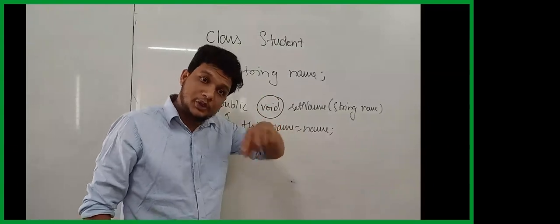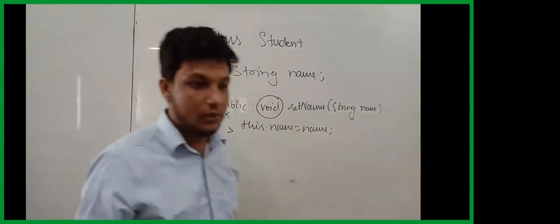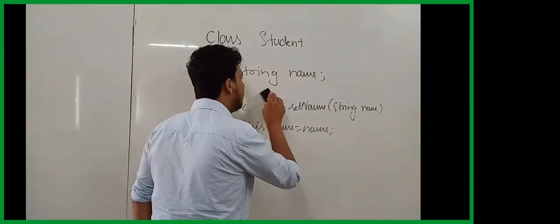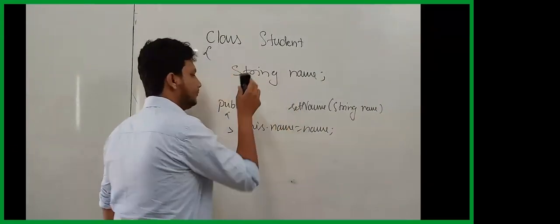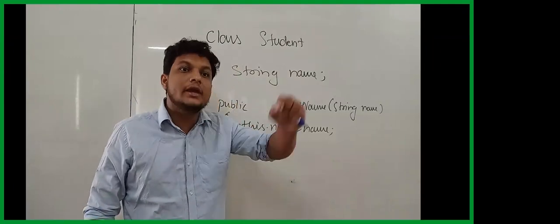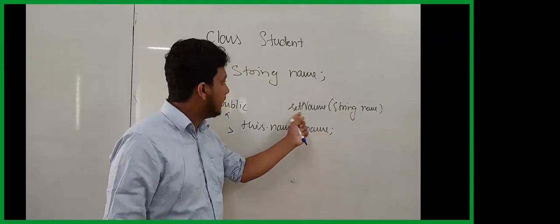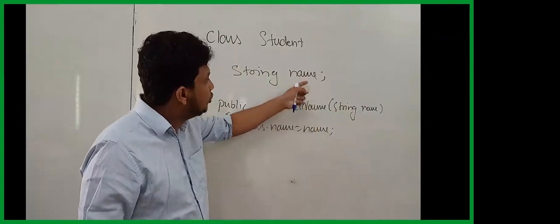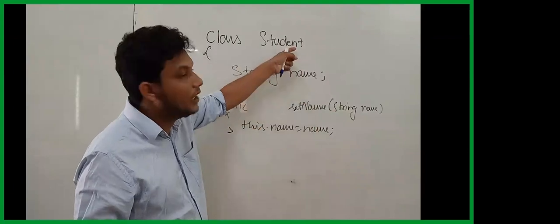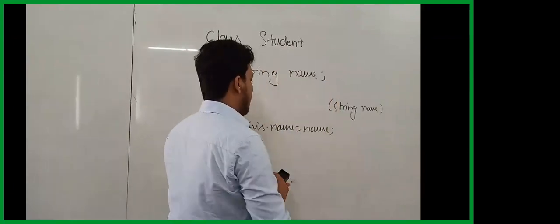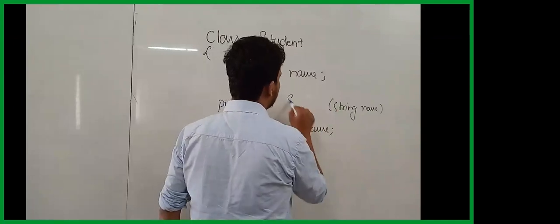But this is a special type of setter, so we will not write a return type. I'll delete this return type. And what did I tell you? It has the same name as the class name. For a constructor, we should not give the variable name, we should give the class name. So I'll remove this one and declare the class name as Student.